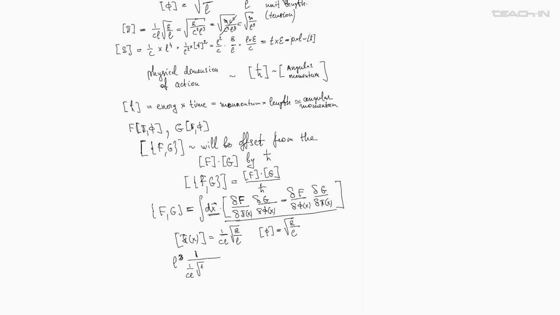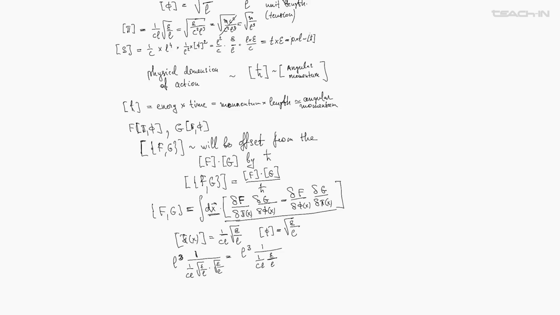So it will give me L cubed divided by 1 over CL energy divided by L. This is probably not a good way to compute this. Maybe I will do it a bit differently. I think I know what I have to do.